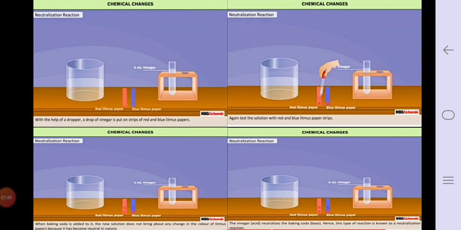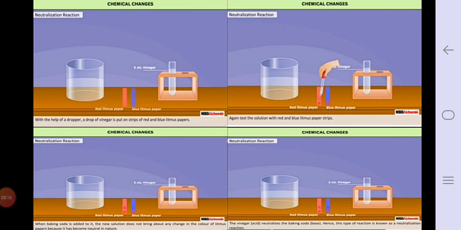Copper was deposited on the shaving blade or the nail, as we have shown the nail in the picture. In activity 6.8, vinegar and baking soda together produce carbon dioxide, which turns lime water milky. Can you name the substance formed in this reaction? Okay, that is calcium carbonate.